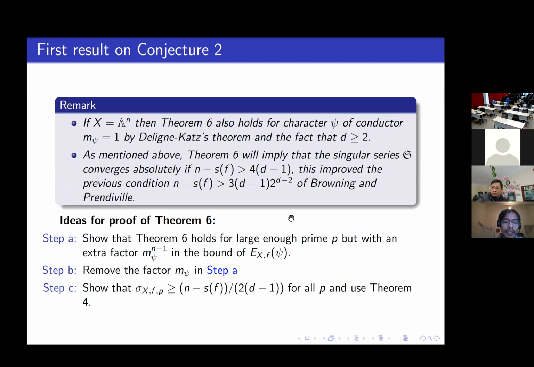And the last step, step C, we show that σ_{X,F,p} is at least (n minus n_F) over (2d minus 1) for all p, and use Theorem 4. I recall Theorem 4.